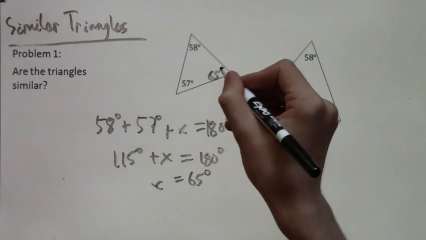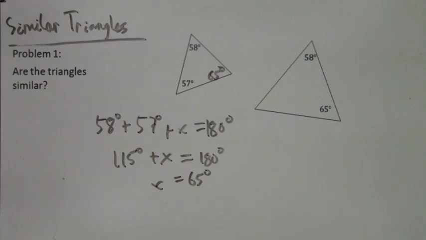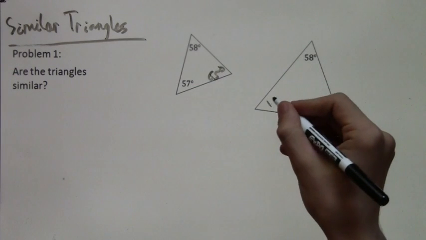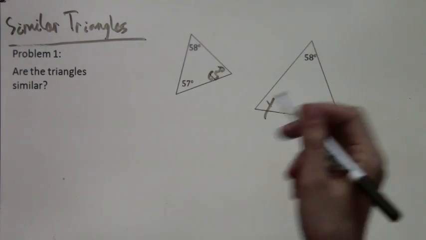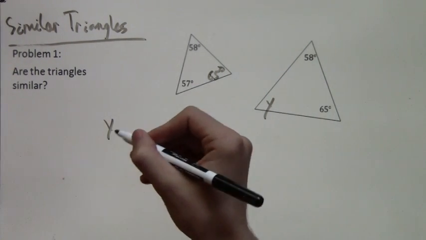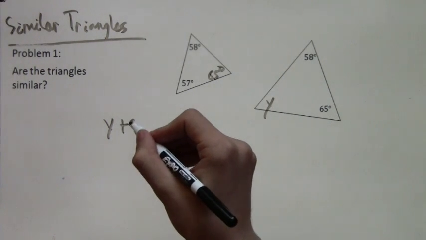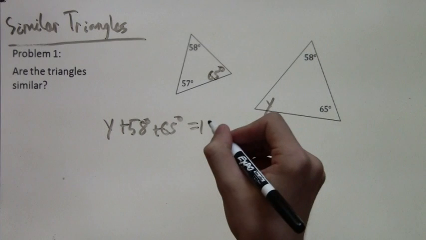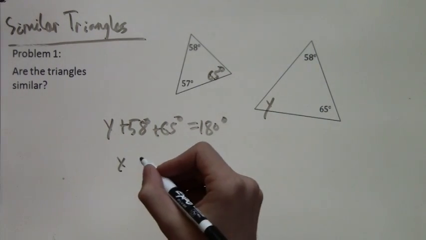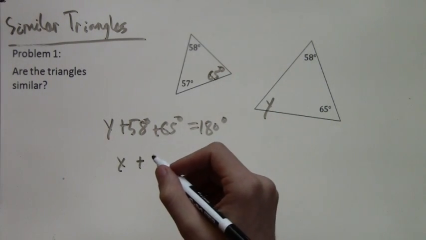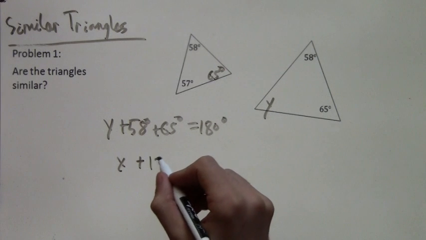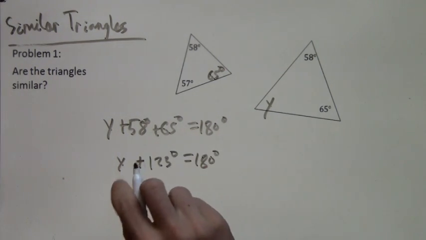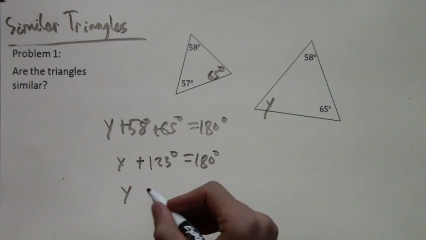Some of you might see where this is going already, because the other triangle has an angle of 65 degrees, but we should solve for this missing angle first to be sure. I labeled it Y, and we have Y plus 58 degrees plus 65 degrees equals 180 degrees. 58 plus 65 is 133, and this is equal to 180 degrees.